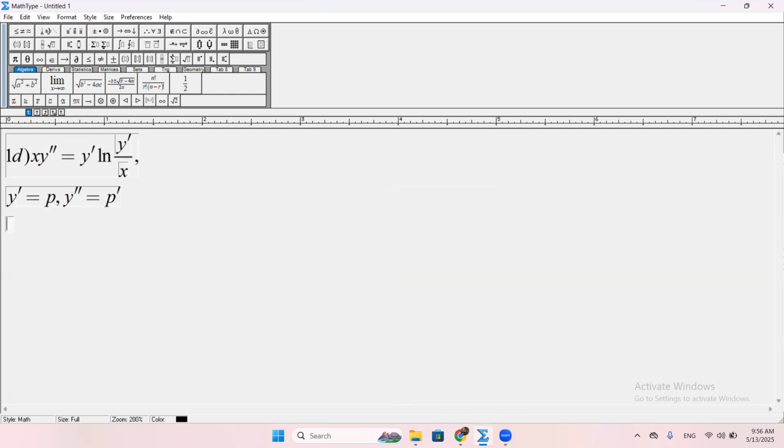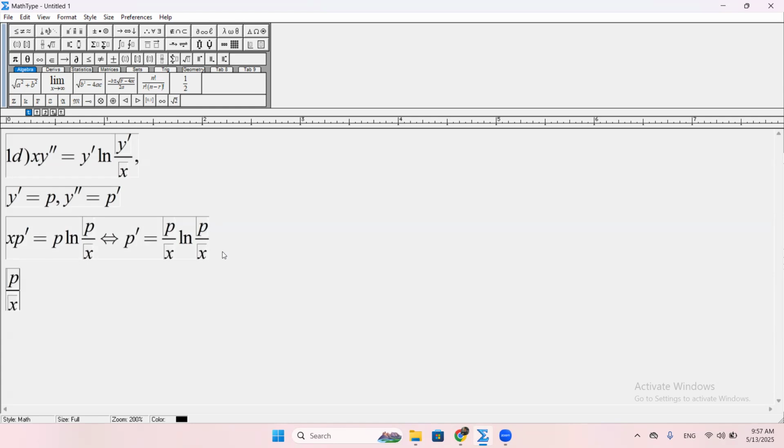Let's rewrite the initial equation: x p prime equals p logarithm of p over x. And by the way, as we remember from the previous lesson, this is a homogeneous equation. So if I divide both parts by x, I will receive p prime equals p over x logarithm of p over x.